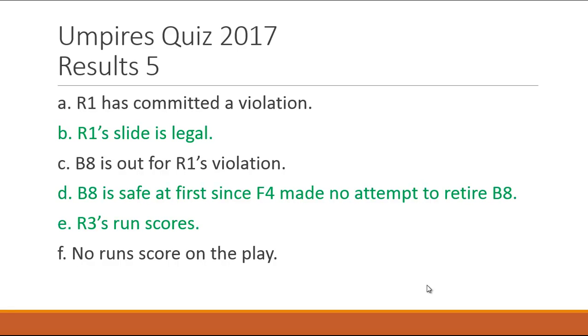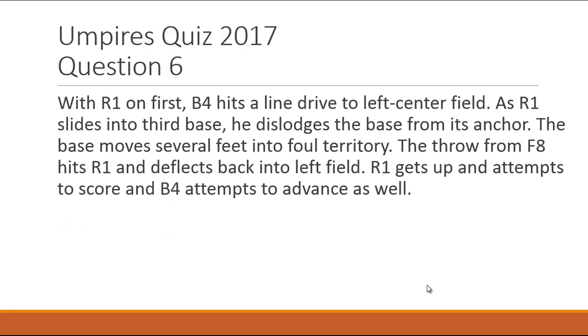Question number 6. With a runner on first, the batter hits a line drive to left center. As the runner on first slides into third, he dislodges the base from its anchor. The base moves several feet into foul territory. The throw from center field hits the runner and deflects back into left field.